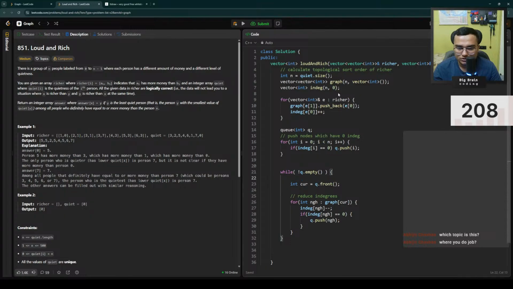And also I should actually get the size here first and then do this, basically a level order traversal, so that I don't mess up the order. Easy. For each level, reduce in degrees. If it becomes 0, then push. If it is already 0, then continue.